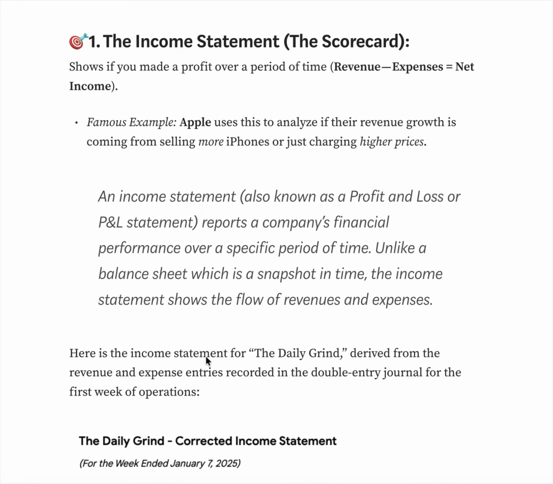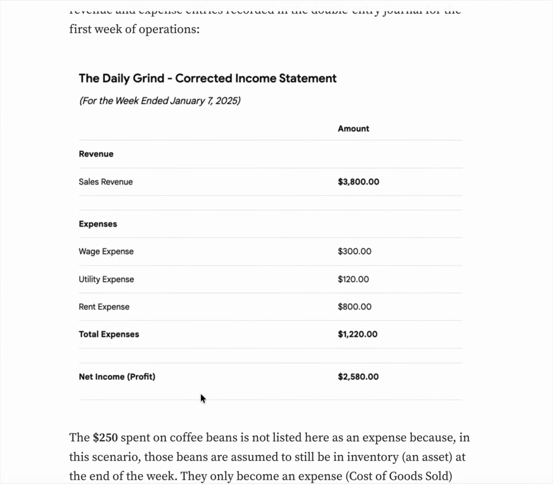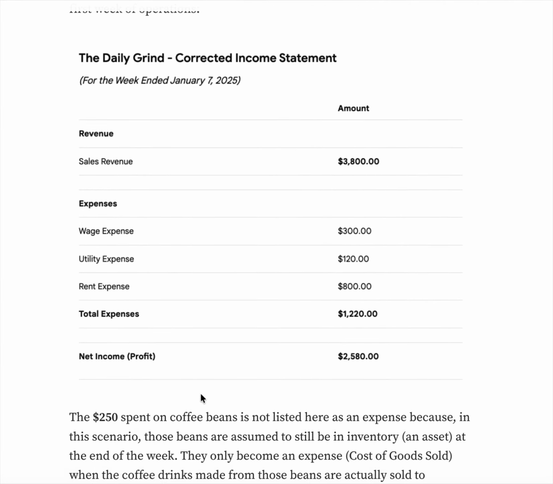Okay, so here is the simple income statement of our coffee shop. You have a revenue of 3,800, and you have expenses like wages, utilities, rent. The total expenses is 1,220. Then your net income is the revenue minus the expenses, that is 2,580.